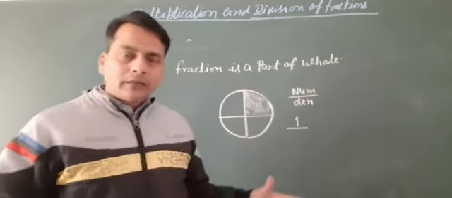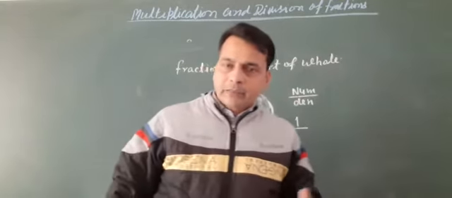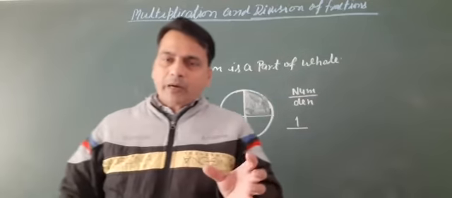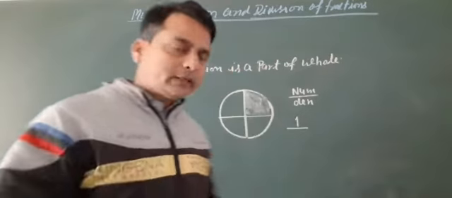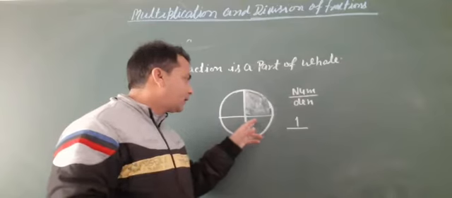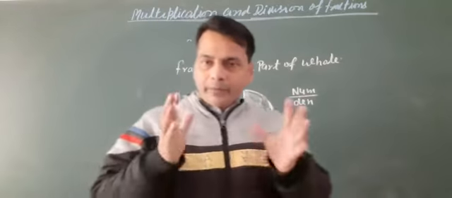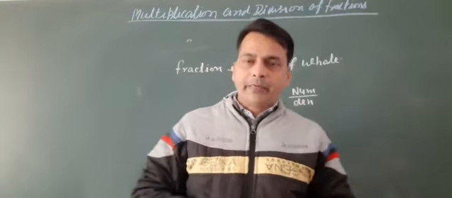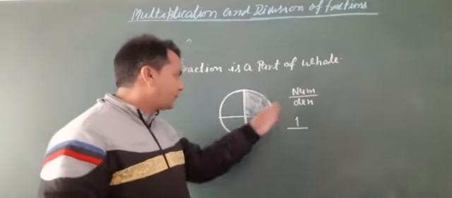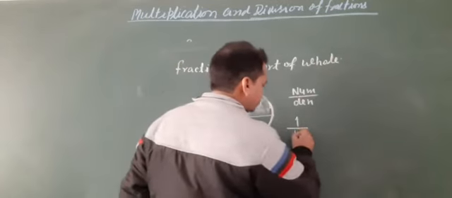And according to the definition of the denominator, how many parts make up a whole? Here there are 4 equal parts, and 4 parts make a whole or complete. So the denominator is 4.